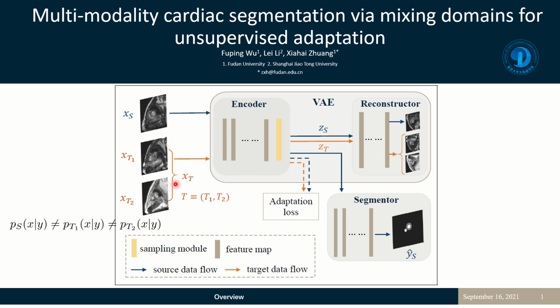To validate this strategy, we employ the variational approximation framework for domain adaptation. This method was published in the journal TMI. It consists of three modules. They are the encoders for feature extraction, the extractors for image restoration, and segmenters for semantic segmentation.